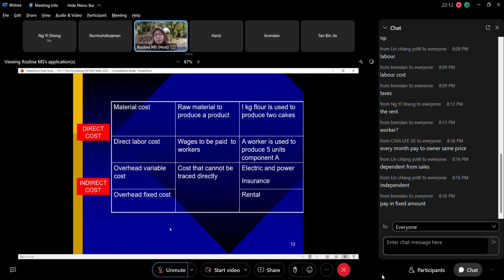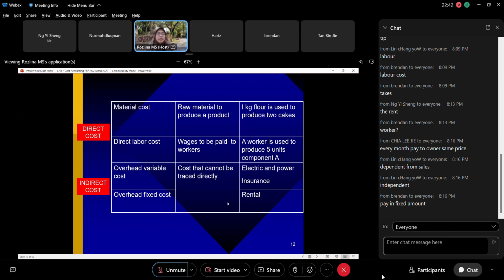If you produce 1,000 units, you still have to pay 20,000 ringgit. If you produce 1 million units, you still need to pay 20,000 ringgit. Understand? That's why the name is fixed cost. Whether your production is 5,000 or 5 million, the payment is still 20,000 ringgit. It's the building rental. That is fixed cost.